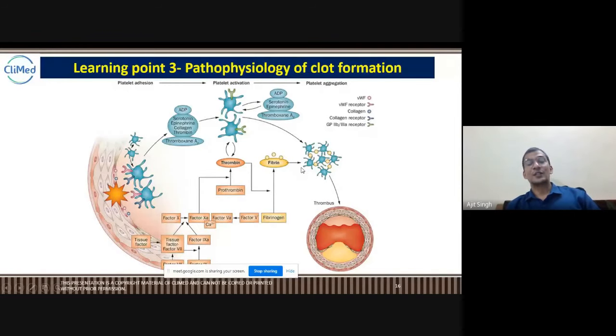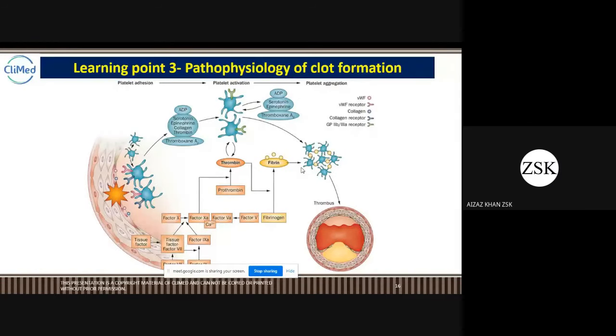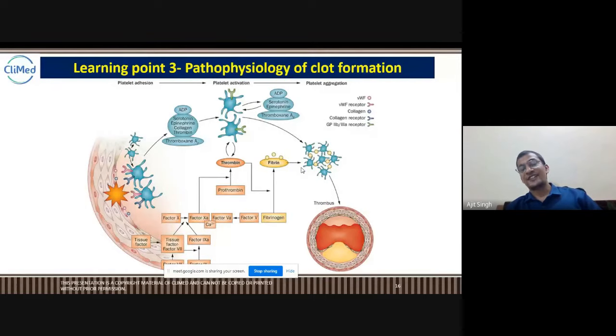So it converts factor X into factor XA, 10 into 10A, and then factor 10A converts your prothrombin into thrombin. Factor X is the Stewart factor, yes.